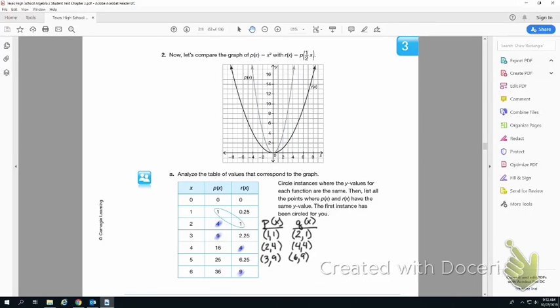David? They doubled. So the x values in q of x are double what they are in p of x.